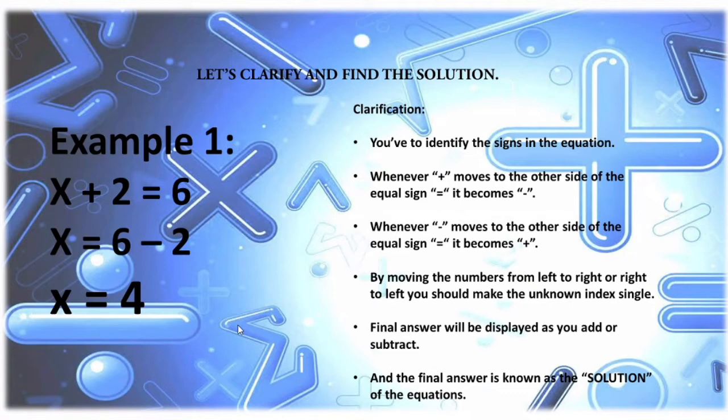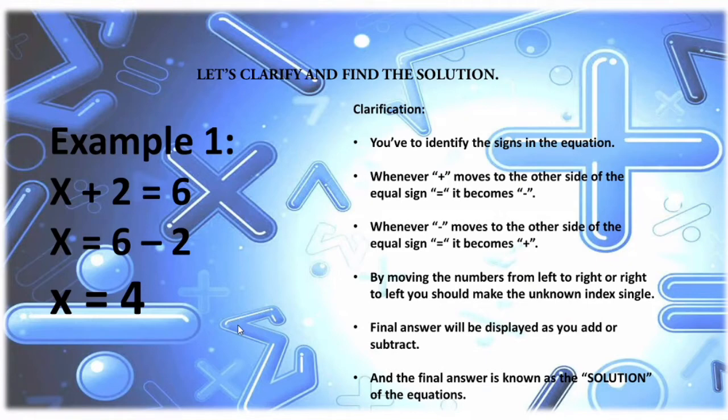Now, even in the screen that shows example one as x plus 2 equals 6, this equation is completely solved and we have taken a value for the index called x. So now x has a value. When it comes to the equation, whatever the unknown letter or unknown index may be, each and everything has a value.